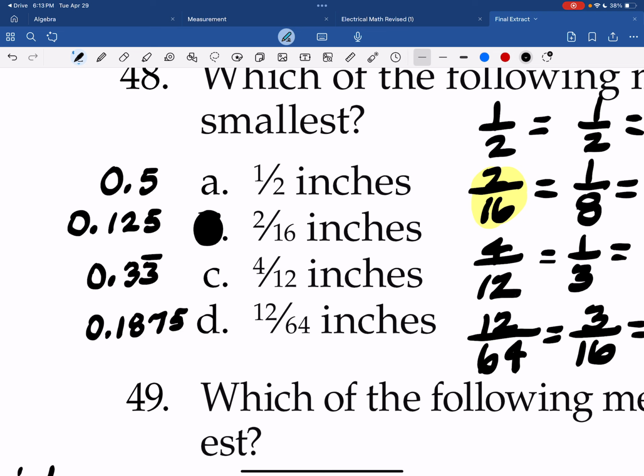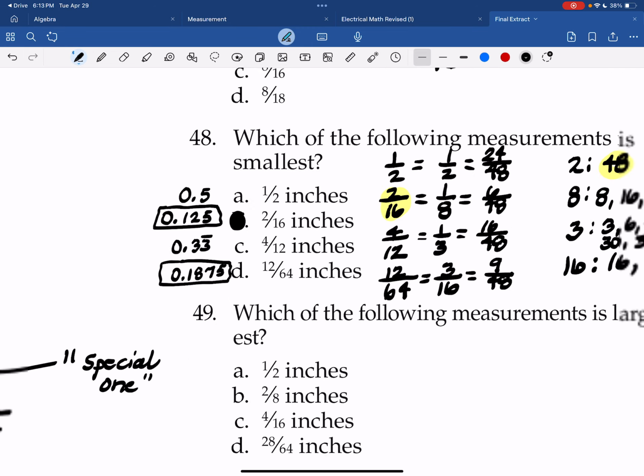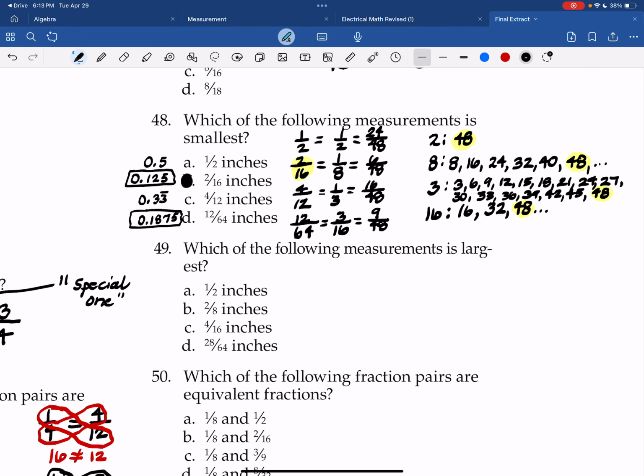So the smallest of these choices would either be this 0.1 or this 0.1, and 0.12 is smaller than 0.18. So that's the way I would do that, especially if I had a calculator. I wouldn't waste time going through all that. But it's a good problem to think through.